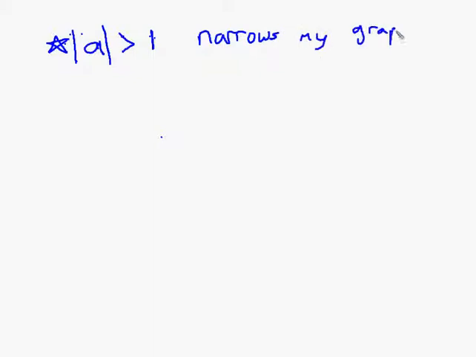We're going to do more examples, but that's all that I'm going to record. So this is an important fact to get into your notes. If the absolute value of A is greater than 1, that narrows my graph. And if the absolute value of A is less than 1, meaning it's a fraction, that fattens my graph.